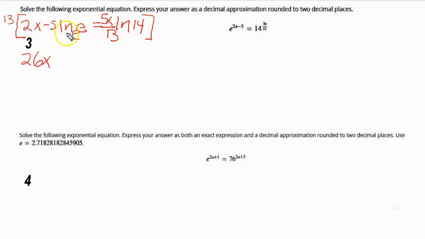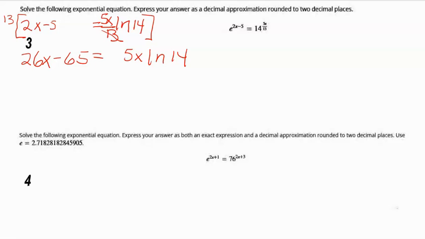Remember this is a 1 here, so I'm going to get rid of that so it doesn't confuse us. Thirteen times negative 5 is negative 65 equals. Now 13 times this term, the 13's just cancel out, and we get 5x natural log of 14.